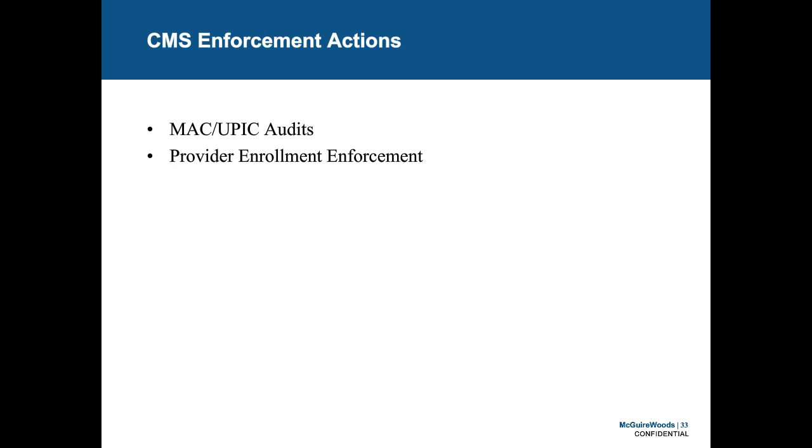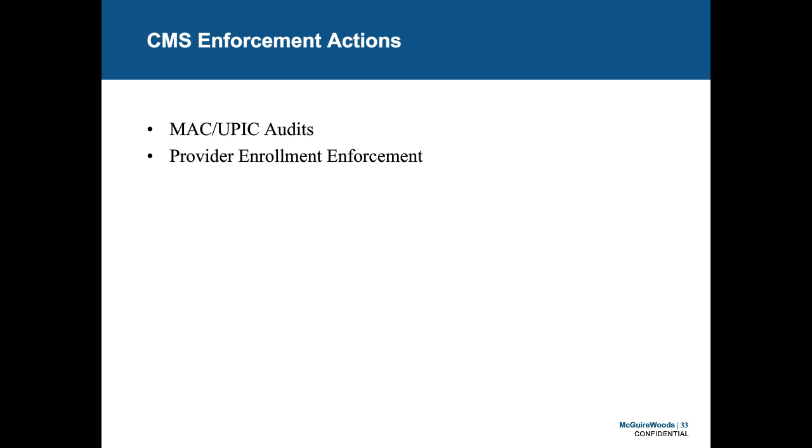I'll focus on actually 3 topics today, the first being claims audits. These are typically done by the MAC, Medicare Administrative Contractor, ZPIC or UPIC, as they're now being transitioned to, and other types of auditors who are contracted to audit claims on behalf of the Medicare program. Second, I'll talk about provider enrollment enforcement.